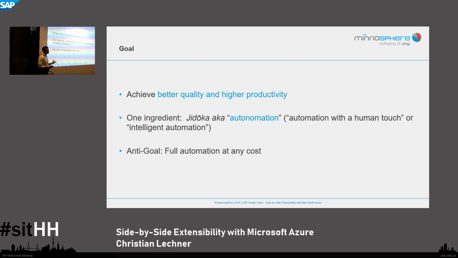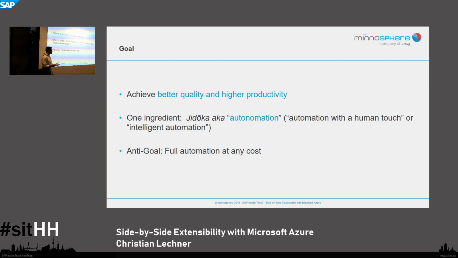The second ingredient is called Jidoka, automation. So automate the stuff with a human touch. Do not automate everything. Why? Because it's not cost effective. There are situations where automation makes sense, and there are situations where automation is too costly and a human being is more efficient.